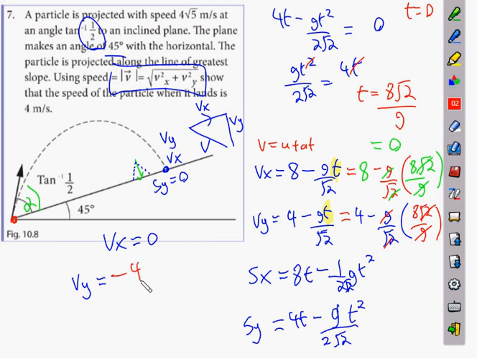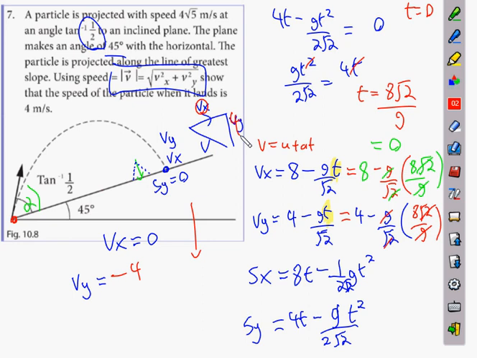Minus 4. So it's hitting it at 4 down. Yeah, that's right. So the speed as it hits it, because it's in one direction only, because Vx is 0 and that's 4, Pythagoras' theorem, it's no longer a triangle, it's a straight line. So the answer is 4.